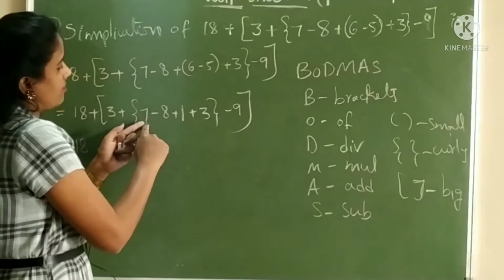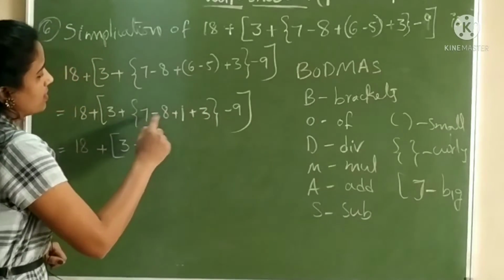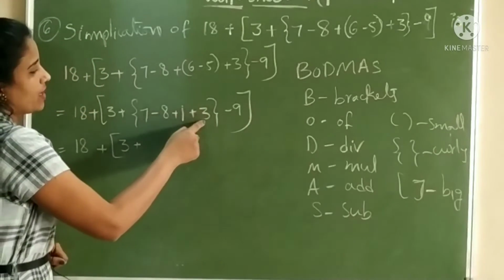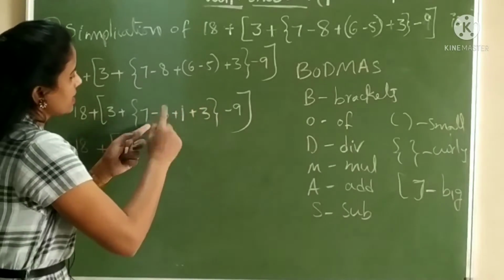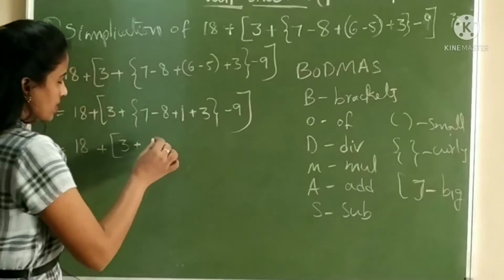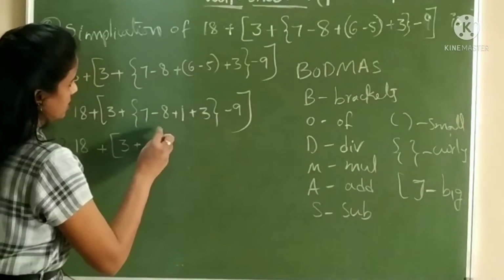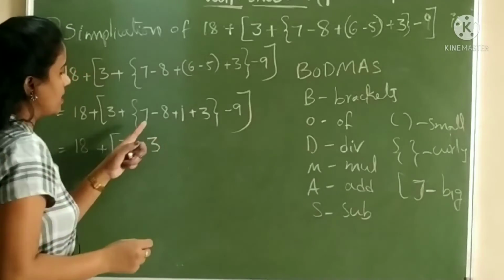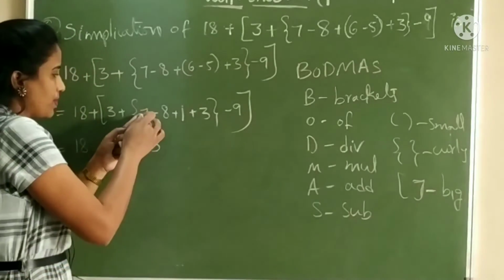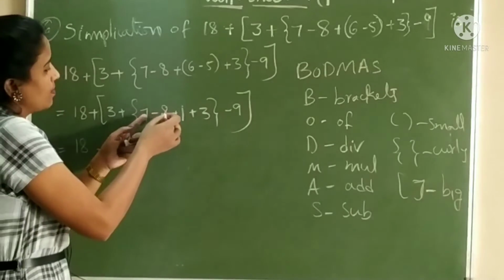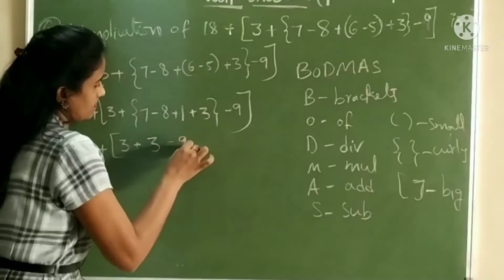So plus 7 plus 1 plus 3. First you add the plus values: 7 plus 1 is 8, 8 plus 3 is 11. 11 minus 8 is 3. Plus 3, why? Because plus 7 is greater than minus 8, so write plus here.